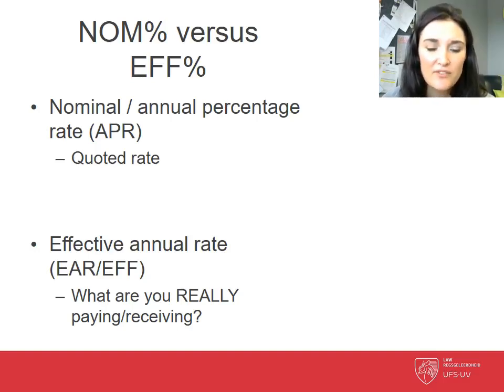Your effective annual rate is the one that indicates what you are really paying or receiving on an annual basis. The effective annual rate is also called the EAR or the EFF, and you need to know the difference between the two when you calculate some of your questions.